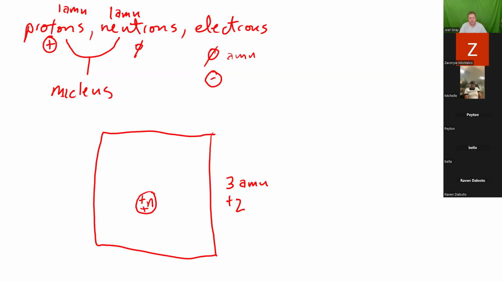You'll have questions that say, here's a model that has been drawn, answer these questions. So we've got 2 positive charges, 1 neutral, and then if I added an electron right here, what's my charge? It's +1. What if I put an electron here?